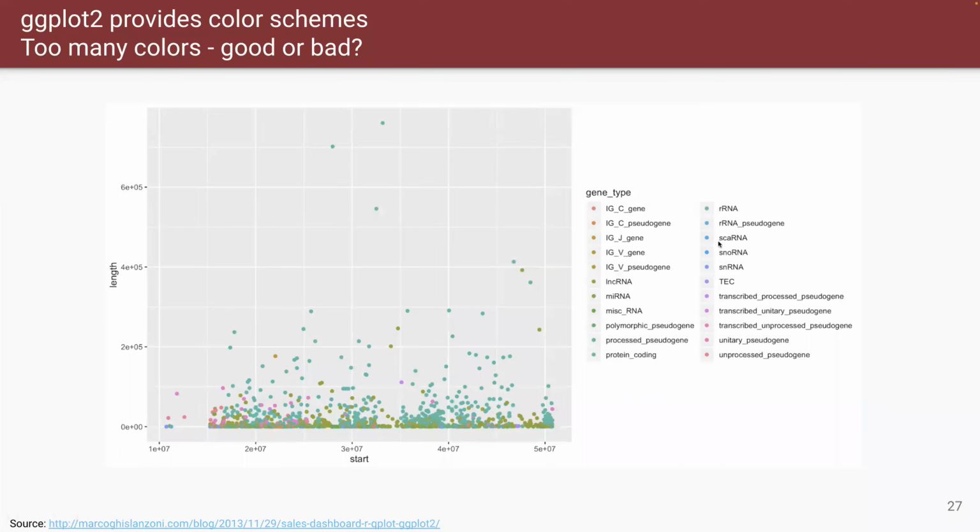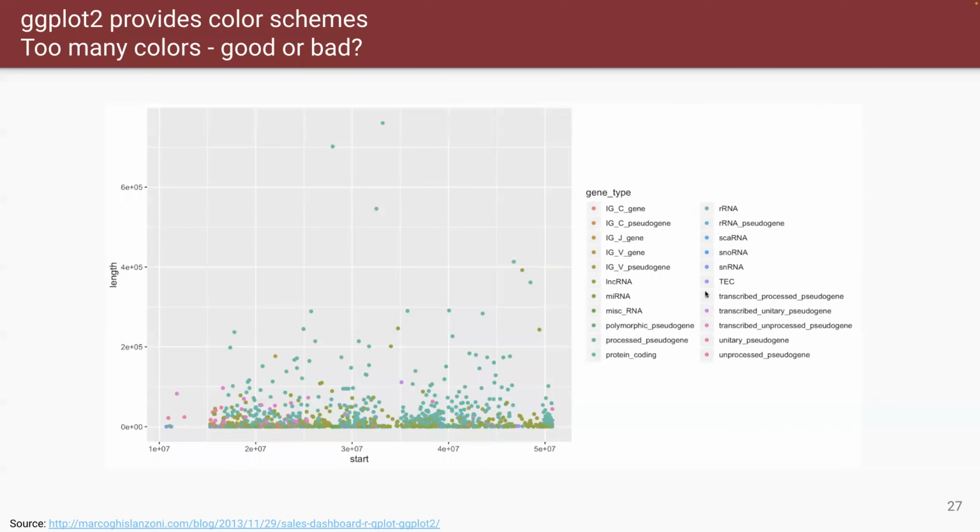Some genes are protein coding genes, and some are microRNA genes. You know about microRNA, right? Some genes are rRNA, some are immunoglobulin genes from the immune system, and some are small nuclear RNA or other gene types, right?